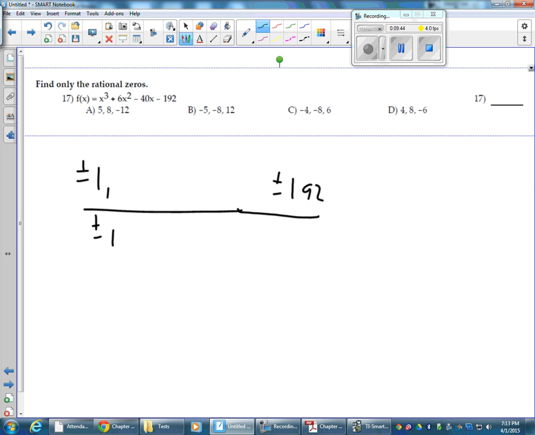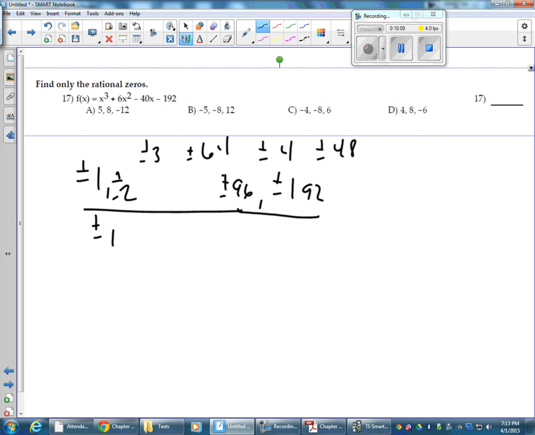And then I'm going to see what works. 3 and 64. I'm going to run out of room here. Plus or minus 3, plus or minus 64, plus or minus 4 should go into 192, plus or minus 48.